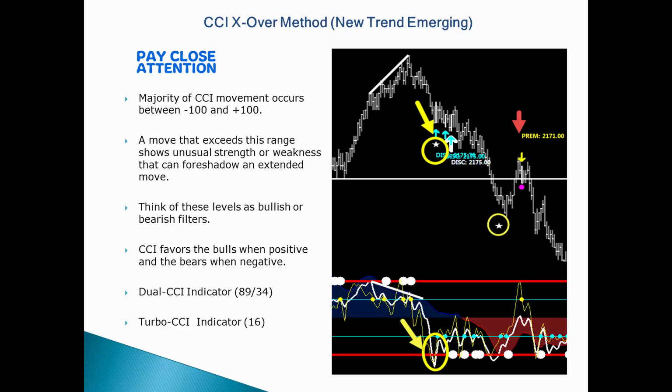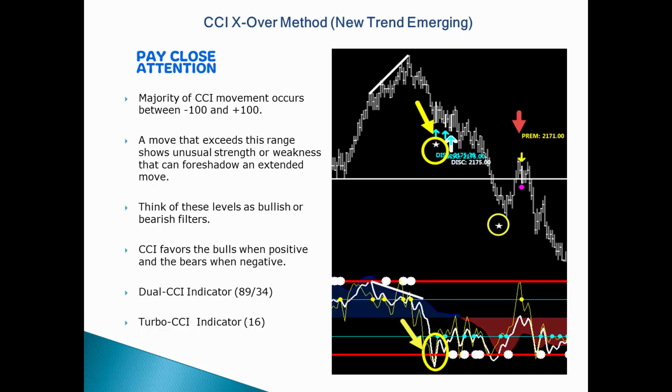So using it as a coincidence indicator, meaning that a new trend is emerging, we want to make sure that, just as a review, the majority of the CCI movements occur between plus and minus 100. So that's the middle zone that we want to stay away from.